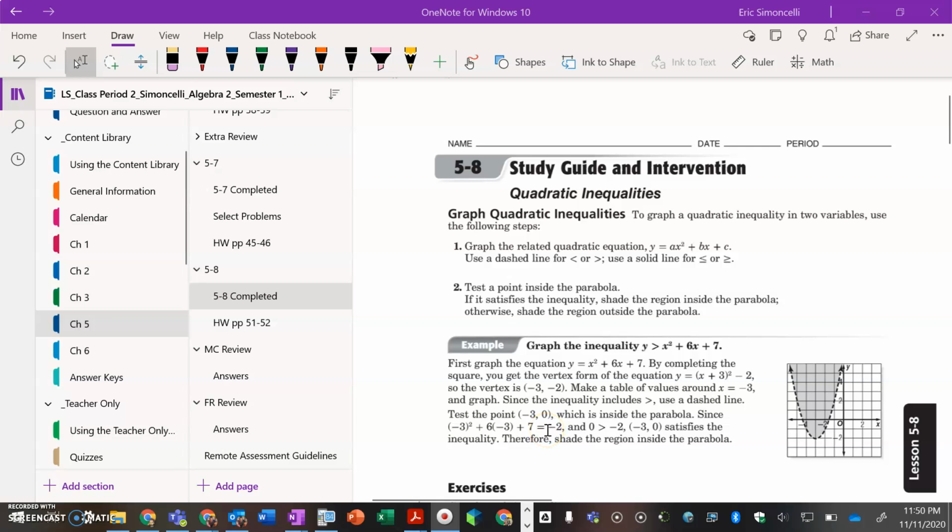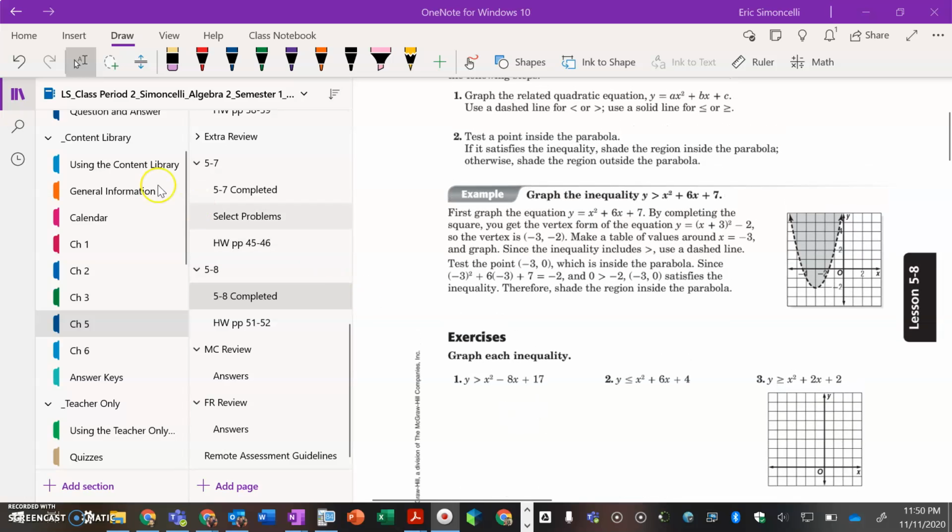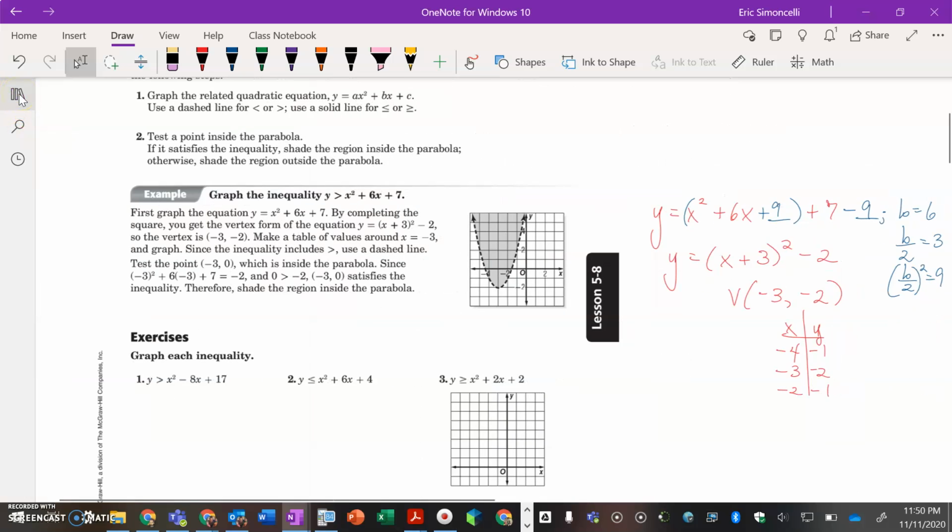Now before I continue, I do want to discuss how the graph actually does take shape, again thanks to completing the square. I've already completed the square off to the right here for you, which, if you recall, involves me rewriting the problem first with an equal sign as opposed to an inequality. This is called the related quadratic equation. I've pulled out the 7, and then we perform the steps on this particular quantity, x squared plus 6x plus this perfect square, which I get by doing these 3 steps.